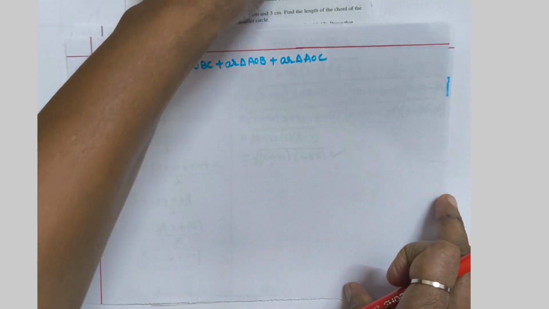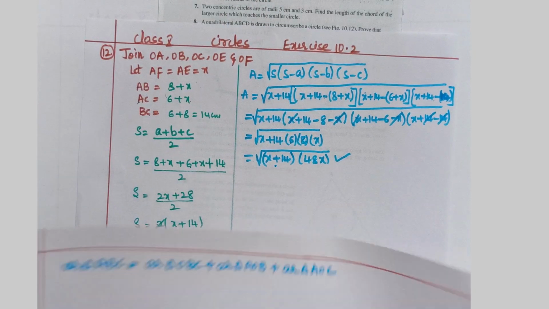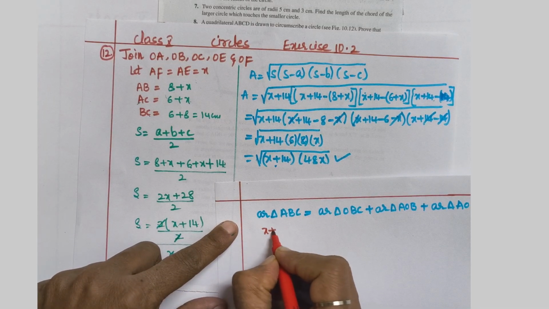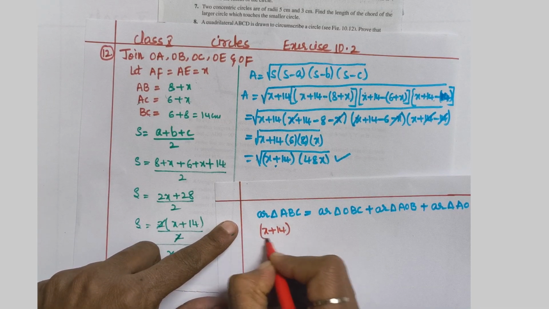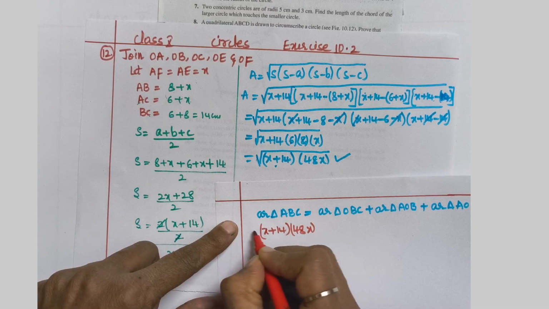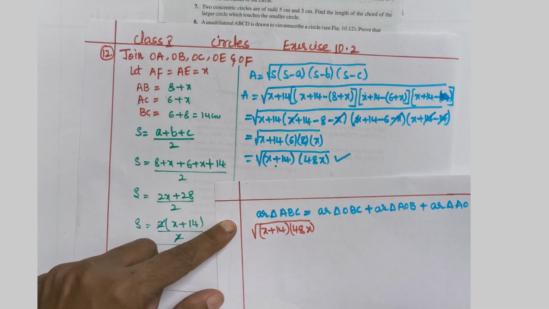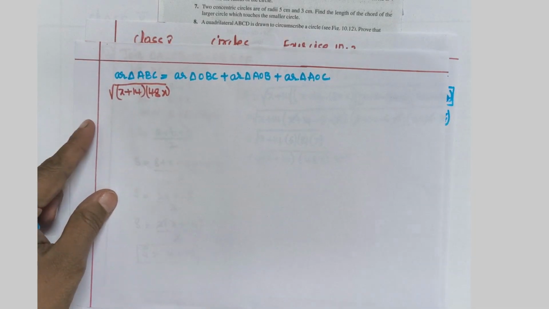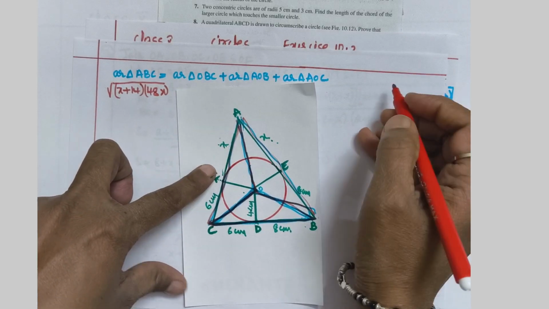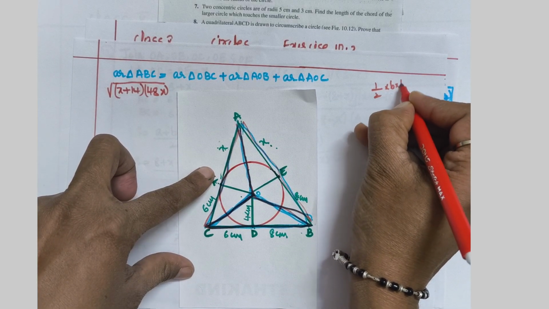Now carefully listen. Area of triangle ABC, just now you got X plus 14 into 48X under root. Area of triangle ABC is equal to the square root of X plus 14 into 48X. Now we will do it separately. The area of a triangle formula is half into base into height, correct?